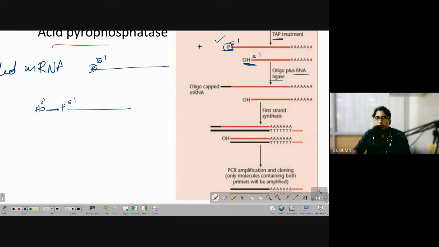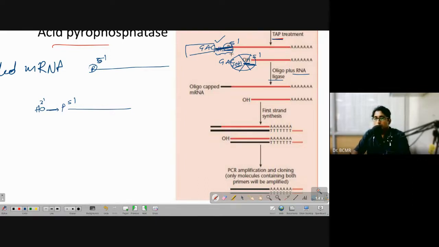Say, for example, I'm adding GAC, and this one has 3' OH. Can a ligation reaction happen? Let's think about it. Similarly, we will see GAC and 3' OH. Can ligation happen between OH and OH? It cannot happen. Whereas with the oligo, the OH and phosphate, yes, ligation can happen.